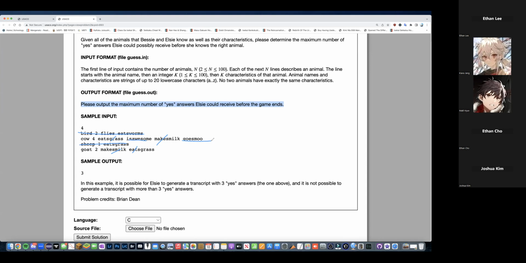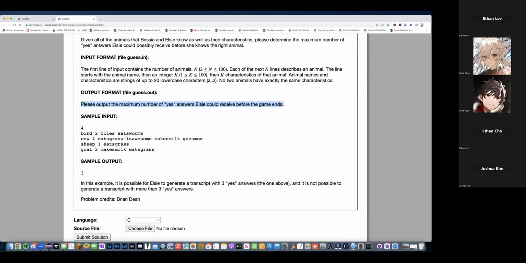But we don't need to ask both of those questions to make sure if it's a cow or not. We just need to know one of these two. So we can eliminate goat, assuming that our answer is cow. Then we have to ask a maximum of 3 questions. Let's take the case where we don't ask in that order.